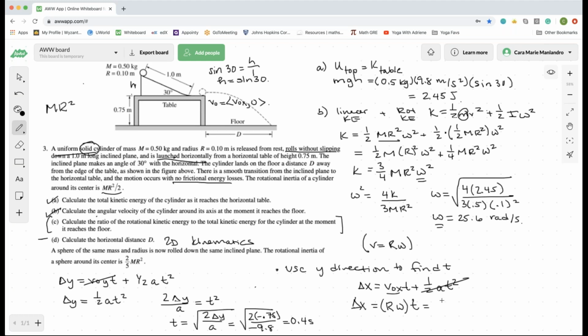Then we just plug and chug. 0.1, 25.6 radians per second, and then 0.4 seconds. I need a calculator because I can't do that one in my head. Basically 1 meter.